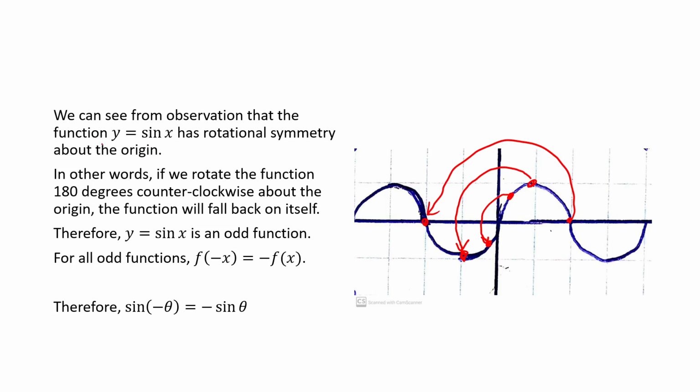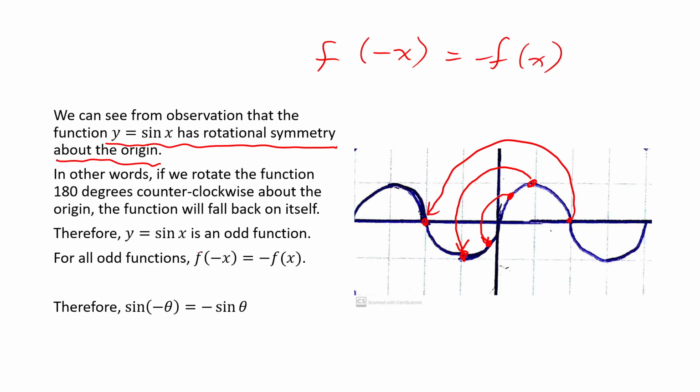And as we just reminded you, that means that f at negative x equals negative f of x. Well, in this case, f is sine. So what we can say is the sine of negative theta is equal to negative sine of theta. And that's a good identity for us to remember.